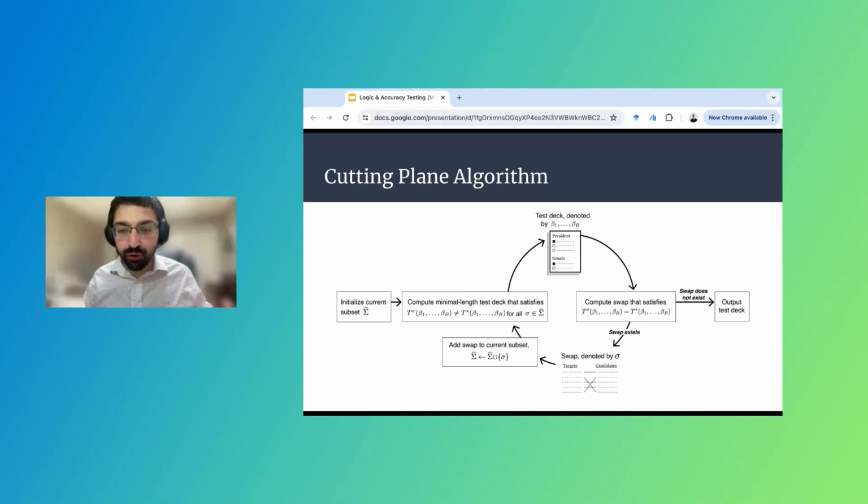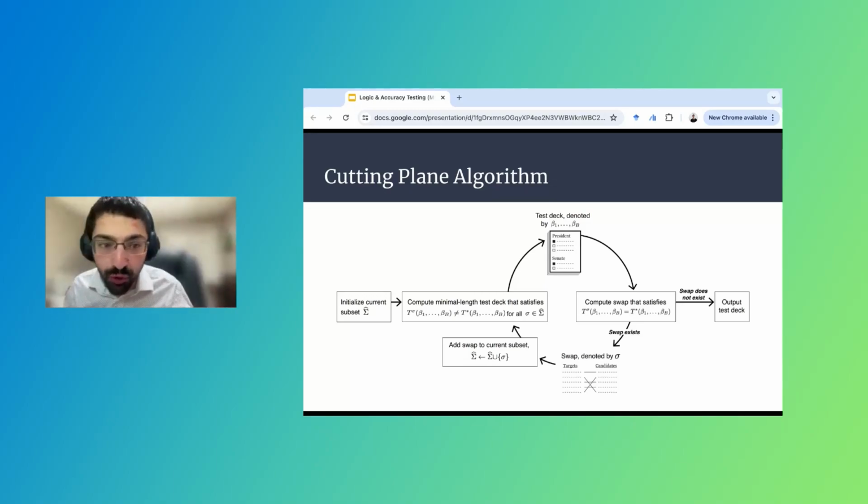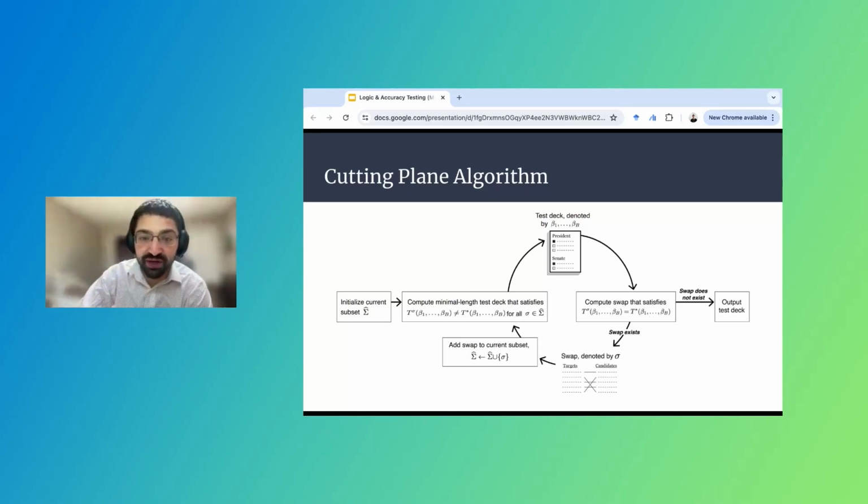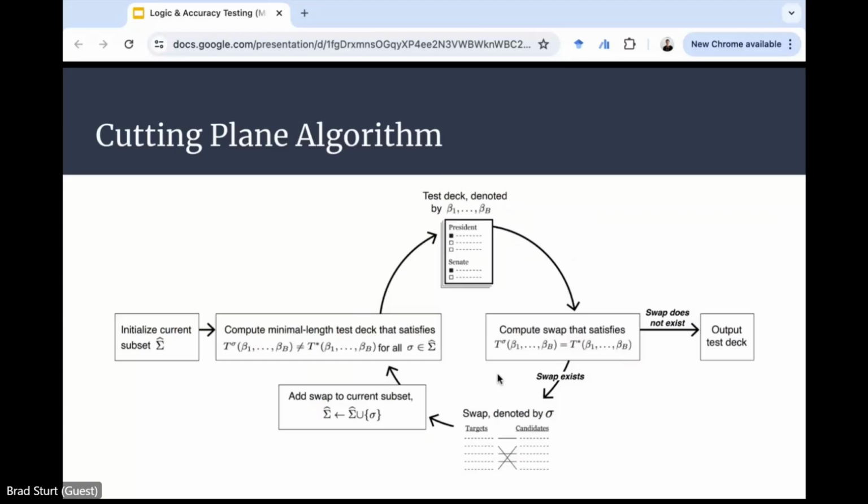So why might this work well? Well, it's only going to work well if it doesn't take a huge number of iterations, right? And actually, let me be clear about the termination criteria. We terminate this procedure once we have a test deck and we are unable to find an incorrect bijection that would go undetected by that test deck, right? Because if none of them exist, we clearly have a feasible test deck for our true problem.